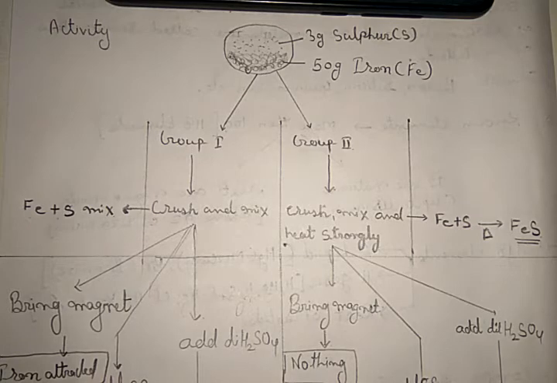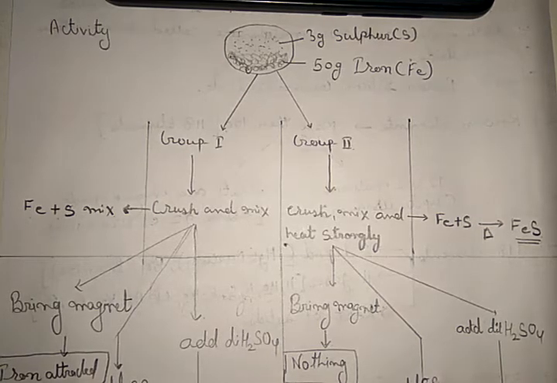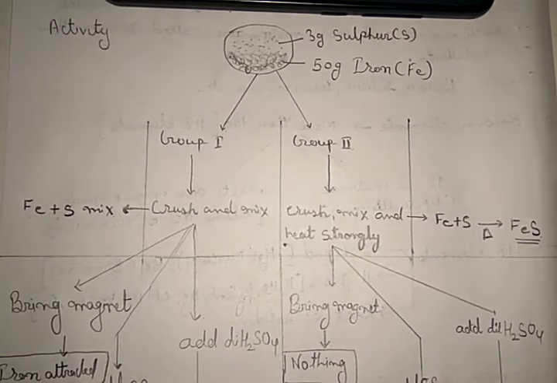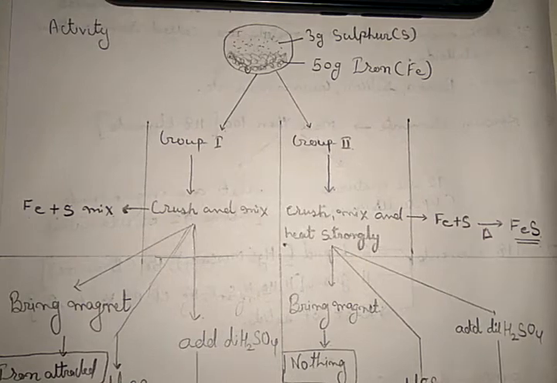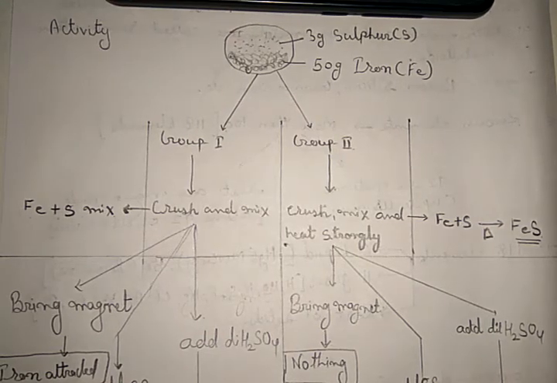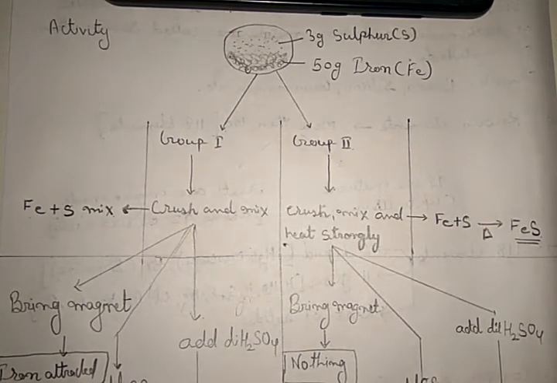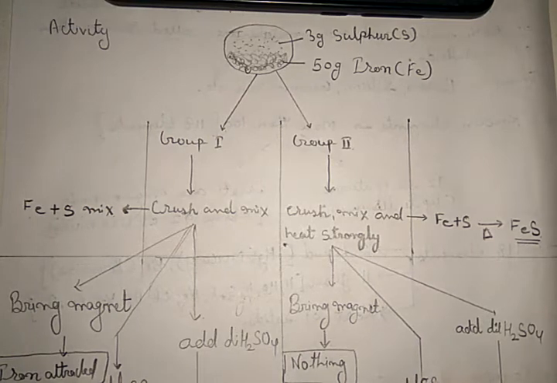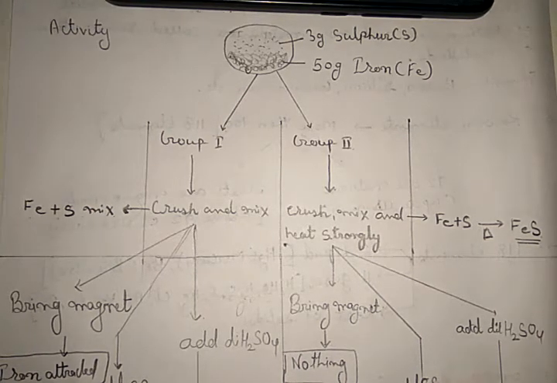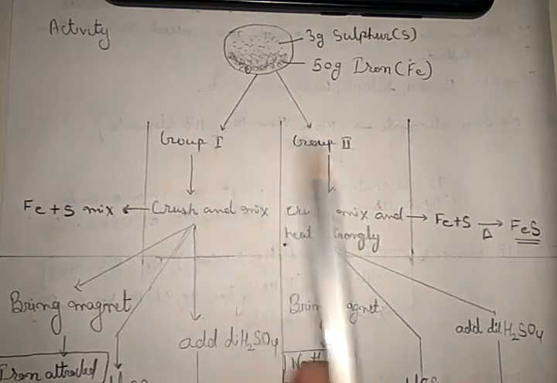Now we do different kinds of tests with them. First is the test of magnetism, second is the test of dissolution, and third is the test with acid. First we check the magnetism: we bring a magnet near these groups.